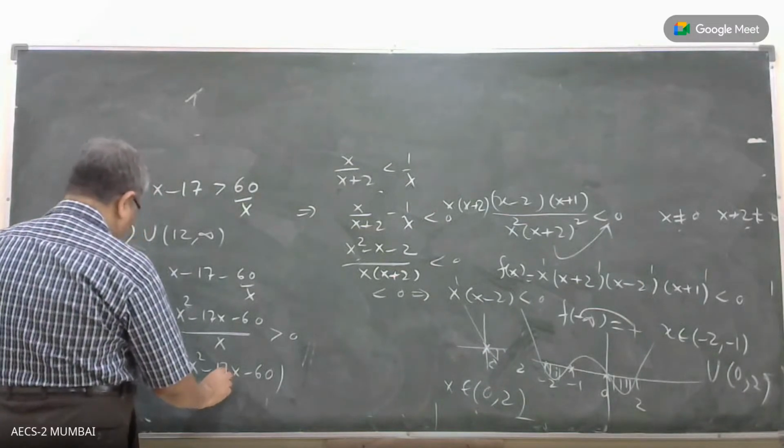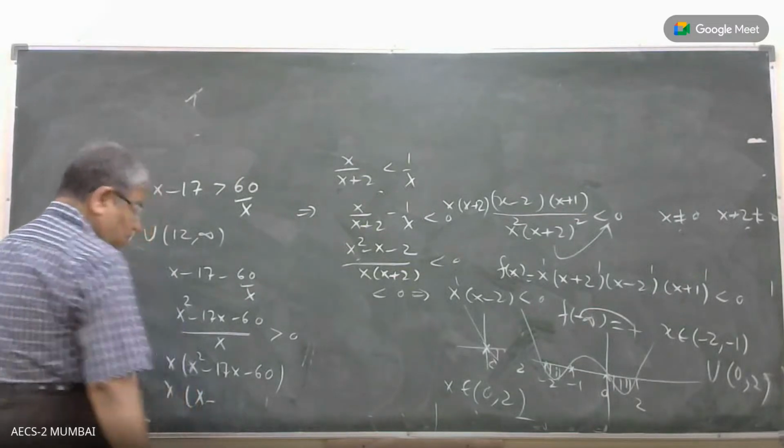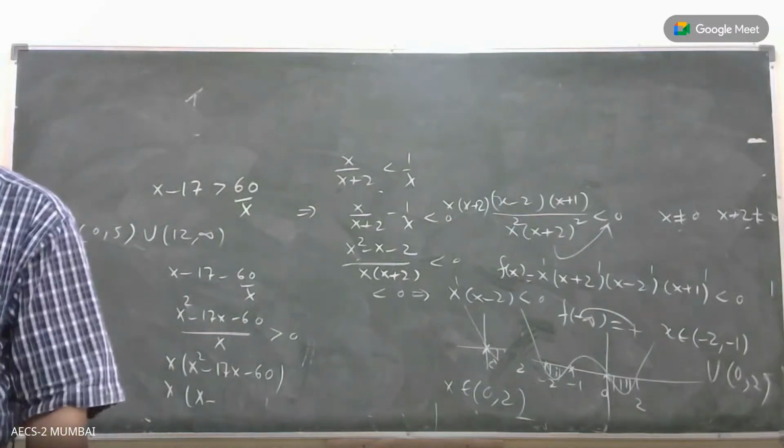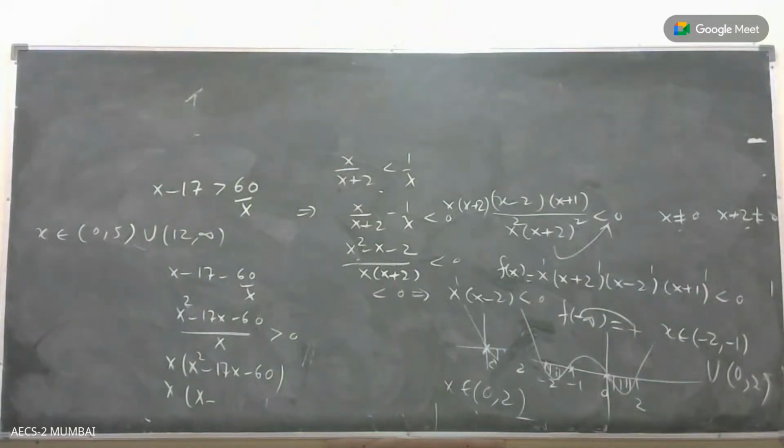X minus 5, 20 and 3. This is finding roots, no? The best thing is to do it by this formula, otherwise you have a fancy answer. Yeah, 12, 15, it happens.